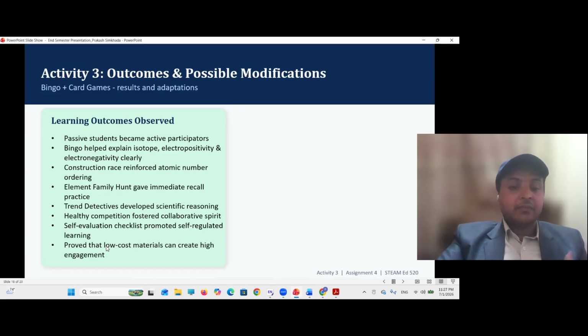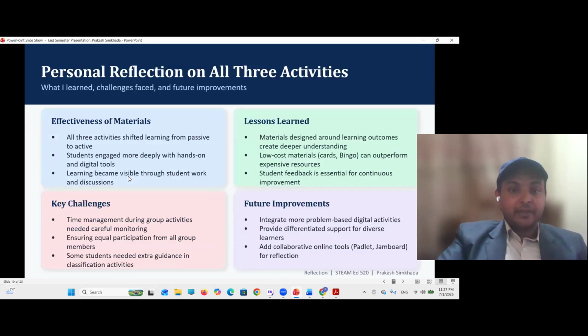This kind of activity proves that low-cost material can create high engagement for the learners. All these three activities shifted the learning from passive to active, and students engage more deeply with hands-on and digital tools, and the learning becomes visible through student work and discussion.